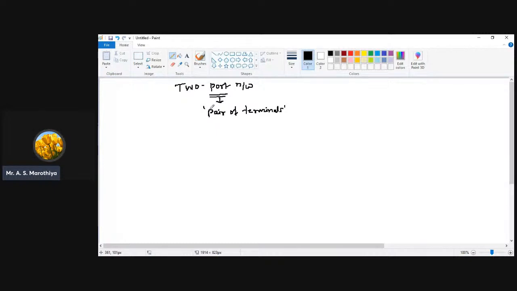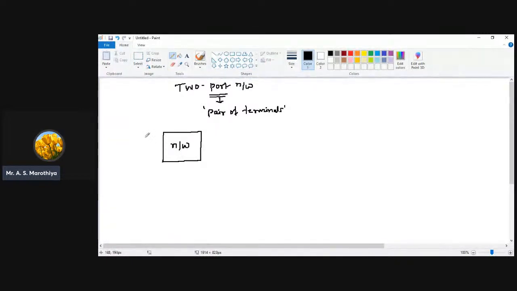So a kind of network or structure where we have two ports simultaneously, that's why this network is called a two-port network or a two-port circuit. Now let us have a general representation for a two-port network. So two-port networks are going to be like this. So here we have a network.